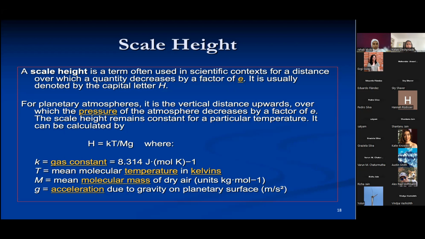The scale height remains constant for a particular temperature and can be calculated by H equals kT over mg: Boltzmann's constant times temperature, divided by the mean molecular mass times gravity.